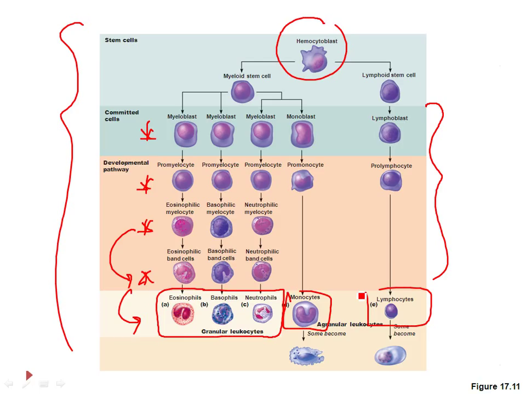But let's say you have a bacterial infection. What white blood cell did we learn about that is very good at rapidly swarming into a part of the body where you have an infection and phagocytosing bacteria? Those would be your neutrophils. So when you have a bacterial infection, your bone marrow will actually start producing more neutrophils, because those are really good weapons against bacterial infections.